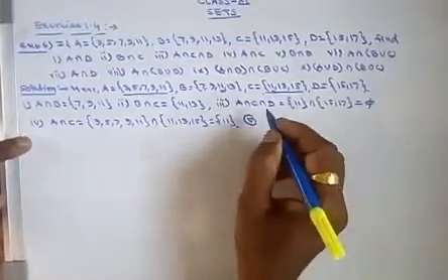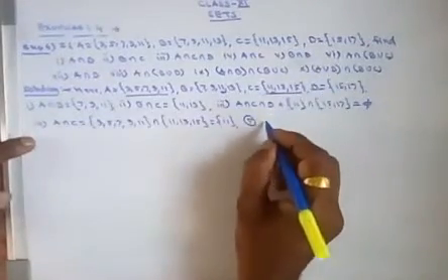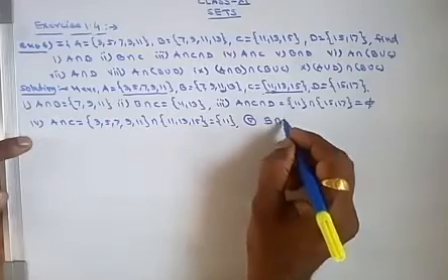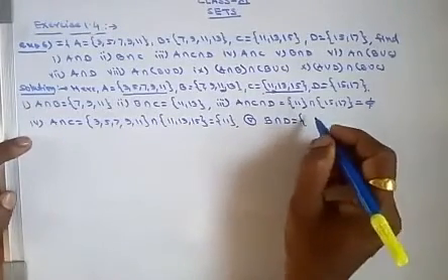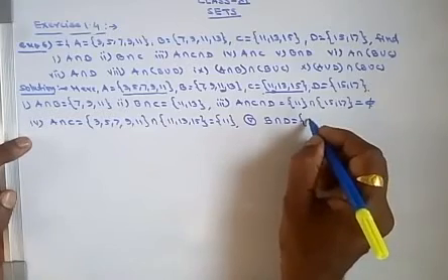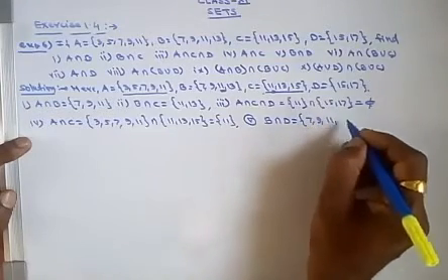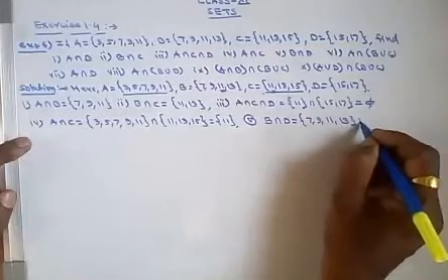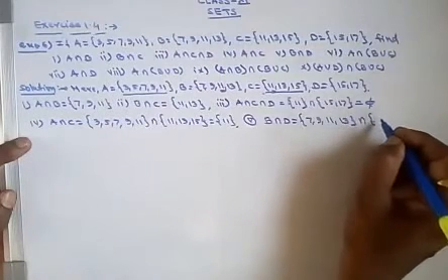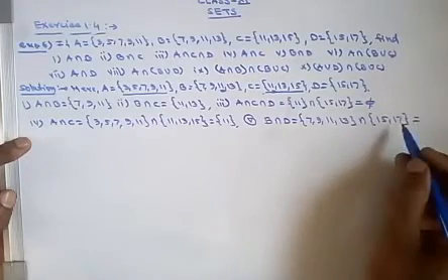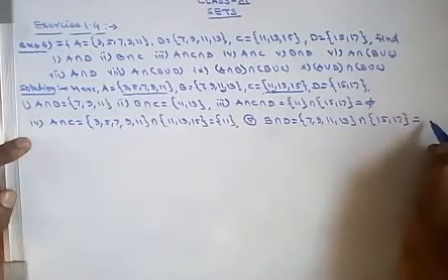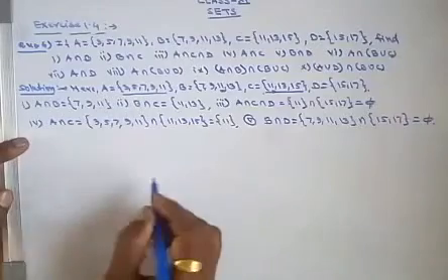Then fifth is B intersection D. What is B? B is 7, 9, 11, 13. Intersection, what is D? D is 15 and 17. So 15 and 17 are not present here, so again we get empty set here.